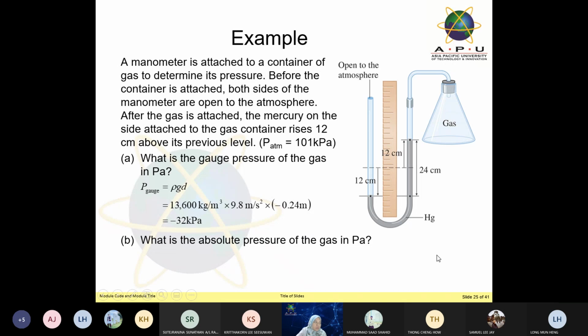Next, they will ask you what is the absolute pressure of the gas in Pascal. For the absolute pressure, the formula is P gauge plus P atmosphere. P atmosphere is already given in the question.